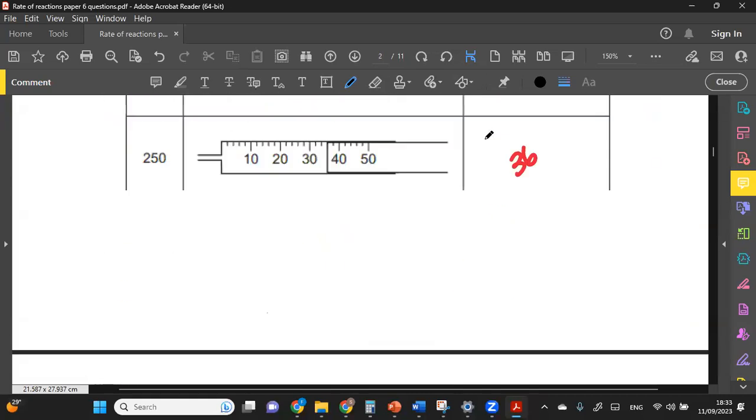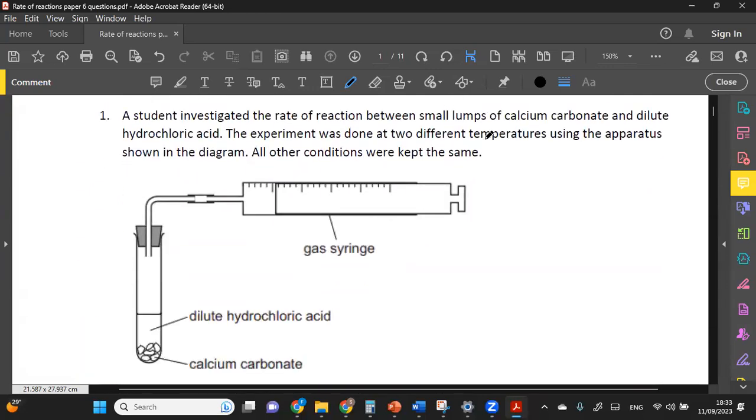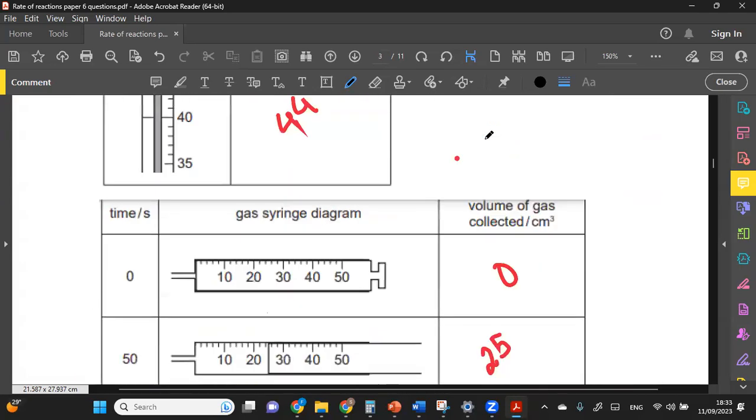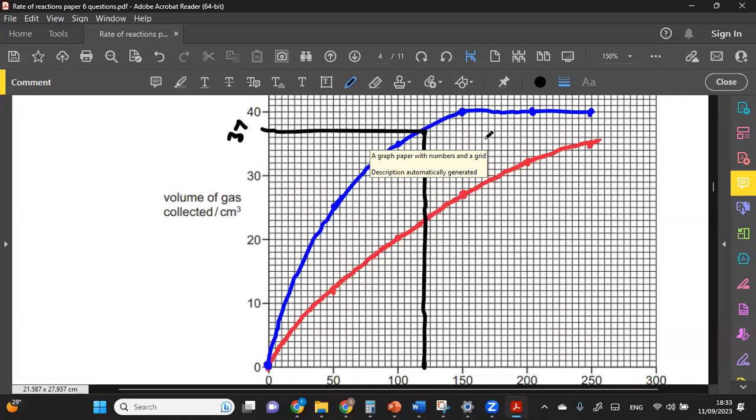You guys can take your time, think about it. You just have to, like I said, predict. The maximum volume of the gas is 40, so it cannot exceed 40.